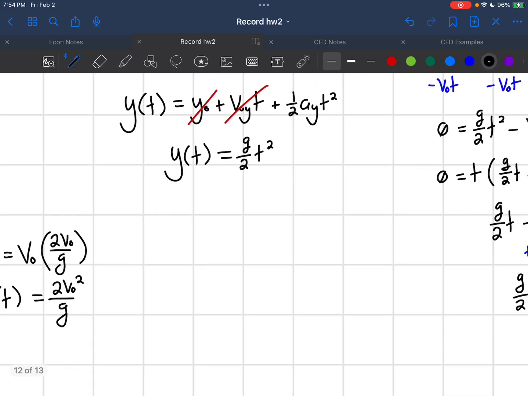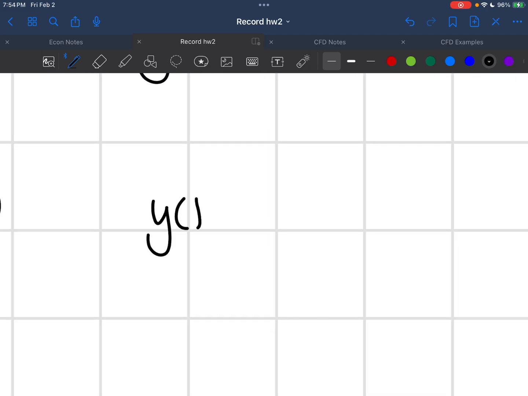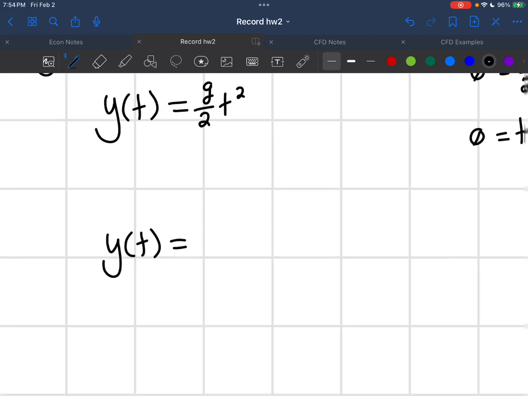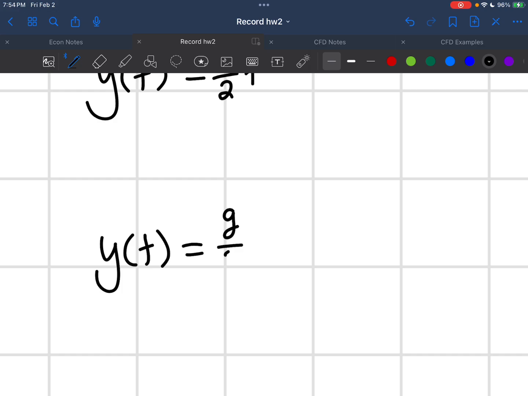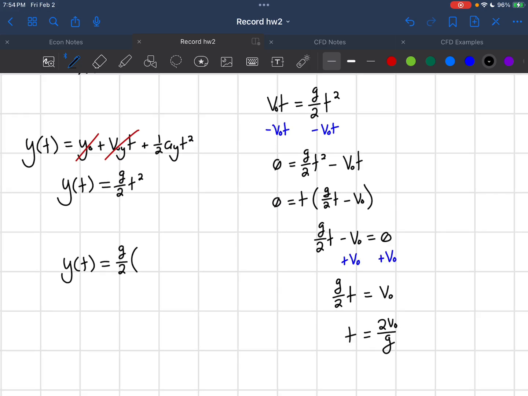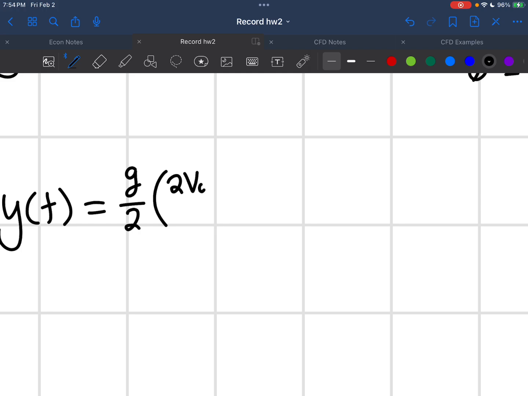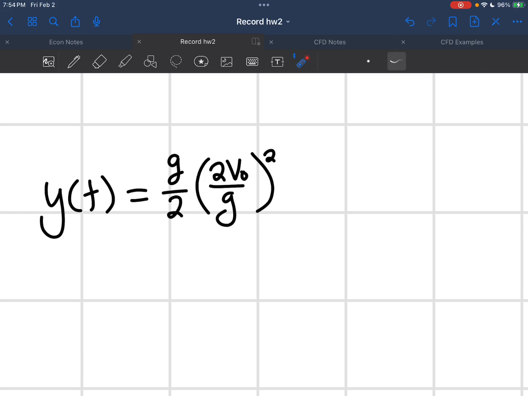And just to check it while we're here, I'm going to also solve for y of t by plugging in my time. I don't have to do this because they should be the same, but we're just going to do it to check our work. So I'm plugging in my time as 2 v naught over g, and I'm squaring that. Because it's all multiplication and division inside the exponent, I can distribute my squared down through everything inside.